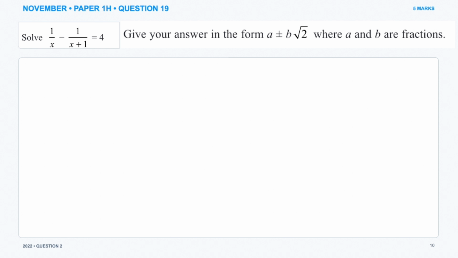So for our second method, we can use completing the square. So we can quickly put our equation that we got previously, 4x squared plus 4x minus 1 equals 0, in that form. We just have to put the 4 outside.